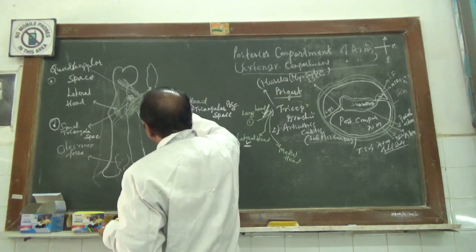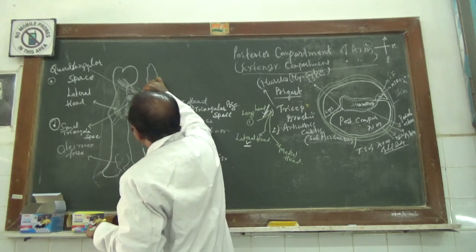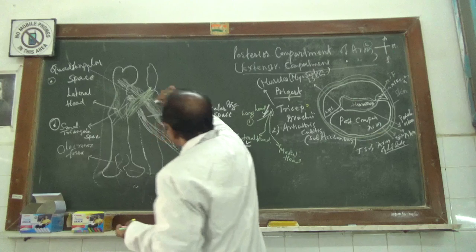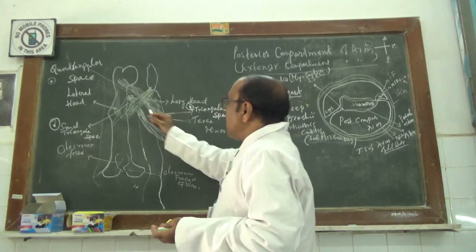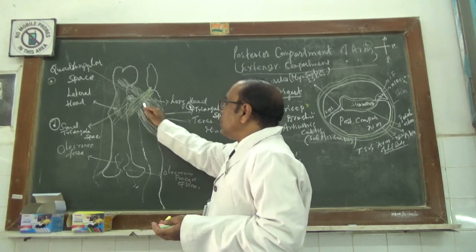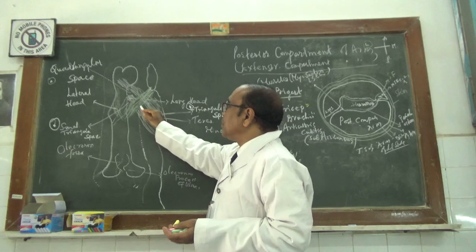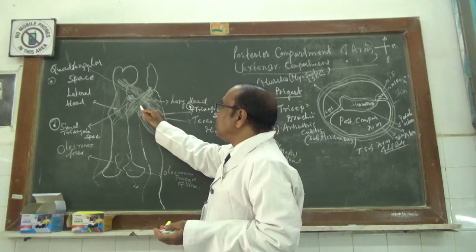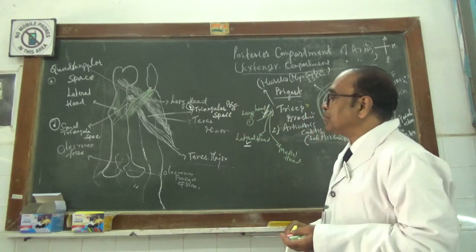The big triangular space is present below and medial to the long head of the triceps, as well as below and medial to the quadrangular space.